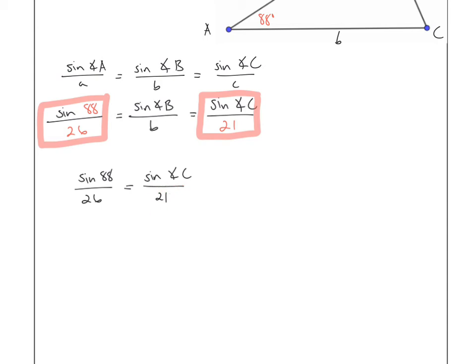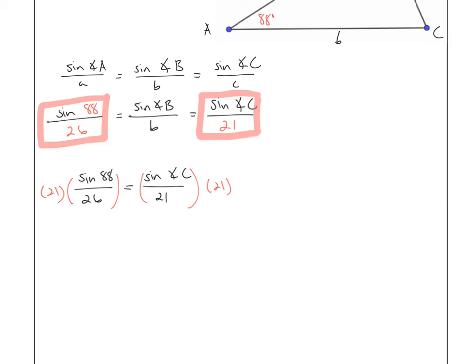But I've been reading this as sine of angle C divided by 21. So if I'm dividing by 21, to cancel it out, I need to do the opposite, which is to multiply by 21 on both sides of the equation. So we're going to do exactly that right now. I'm going to multiply 21 on both sides.